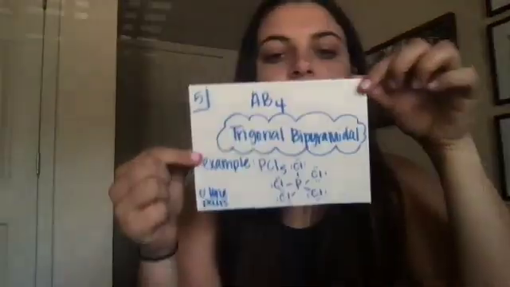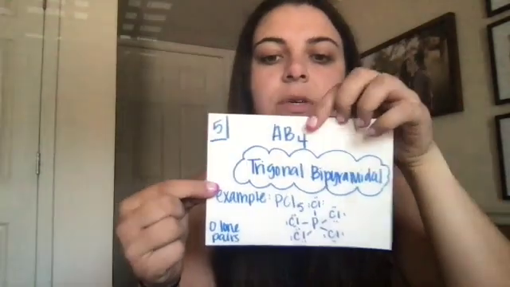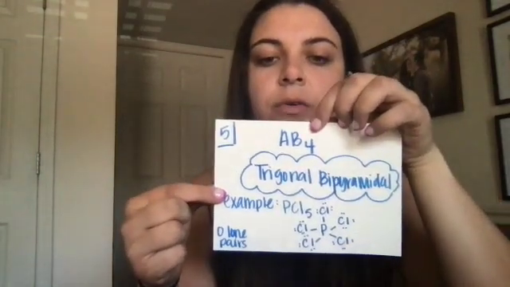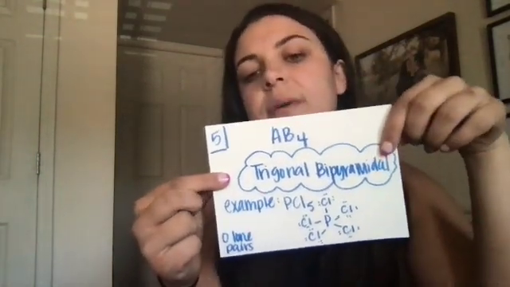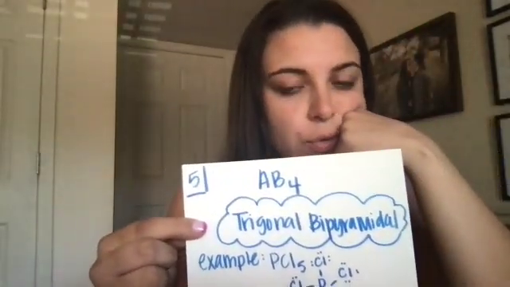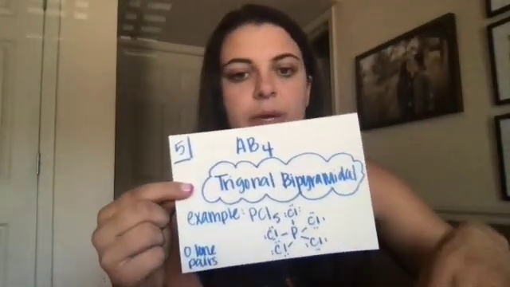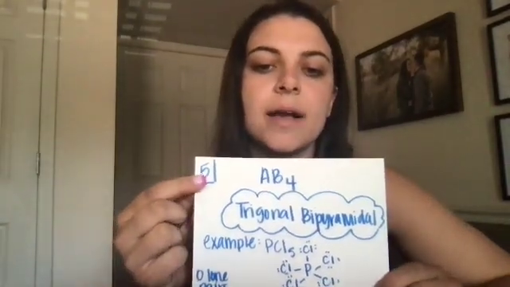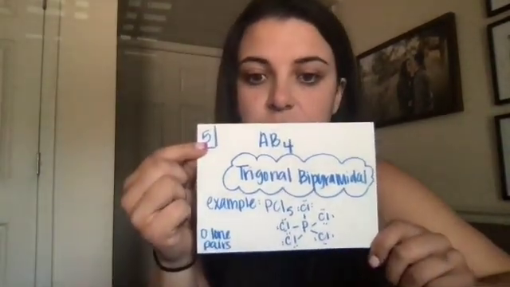And then we are going to move on to our 5 electron domains. And so we will start here, and this is going to be an AB4 molecule with our molecular geometry being trigonal bipyramidal. And this one has quite a few variations with our lone pairs, but they will all come back and have that 5 electron domains.